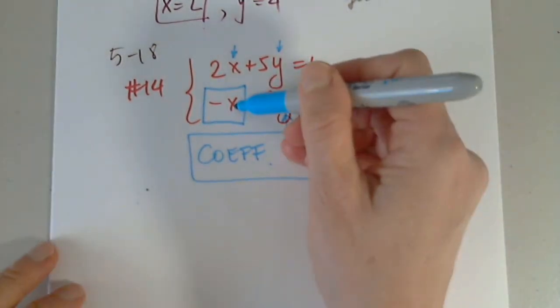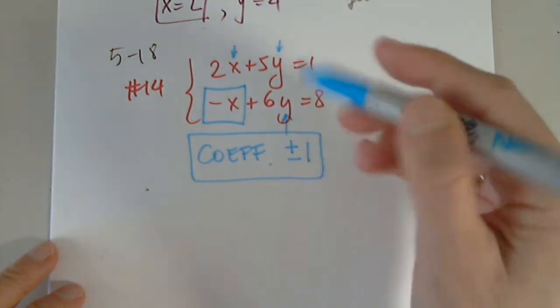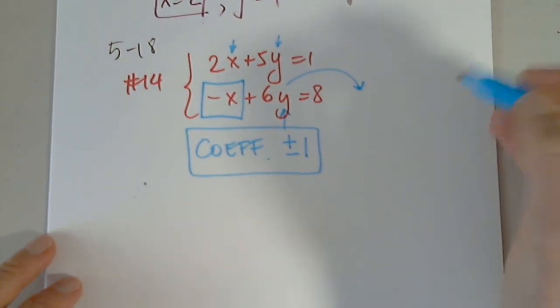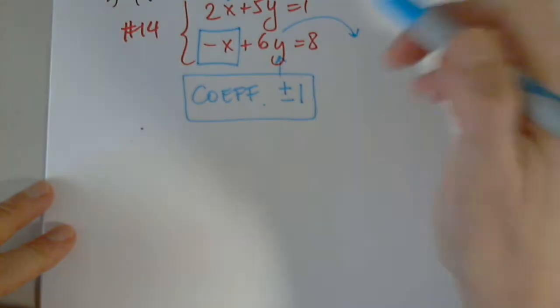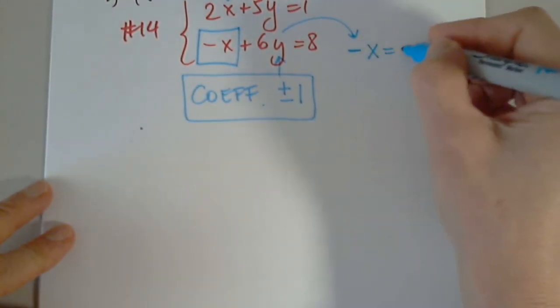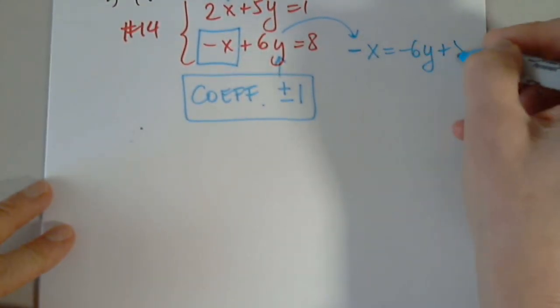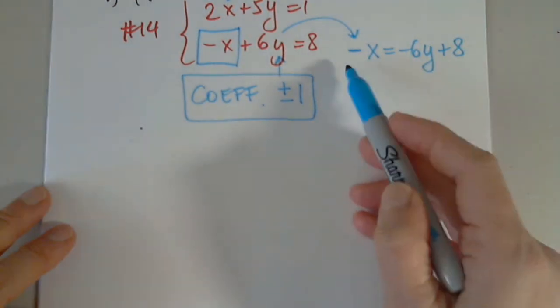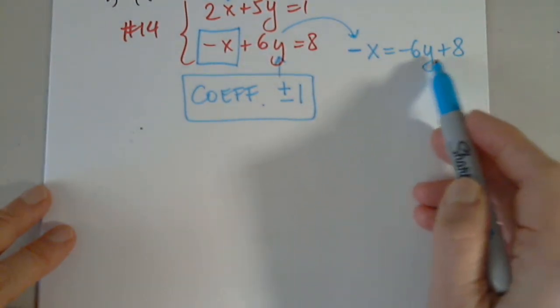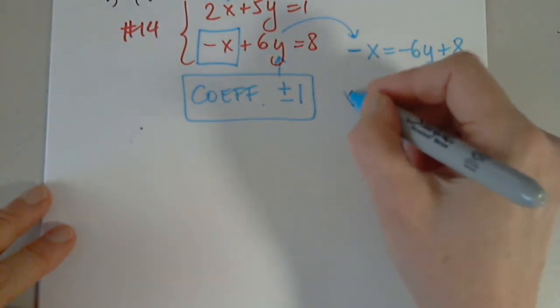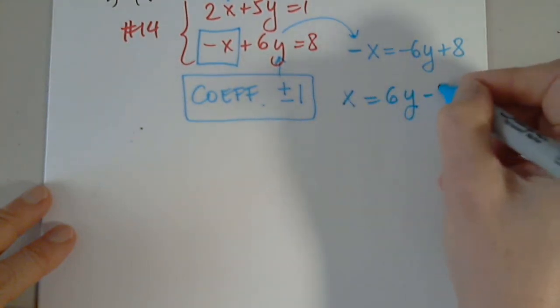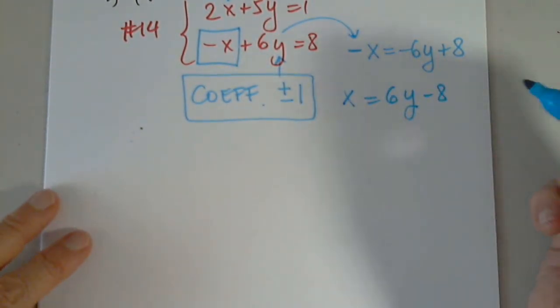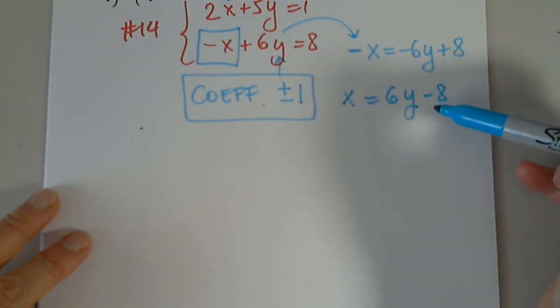Since the coefficient of x is positive or negative 1, I will move 6y to the other side to solve for x. I still have negative x equals negative 6y plus 8. And yes, I will multiply or divide by negative 1. So x equals 6y minus 8.